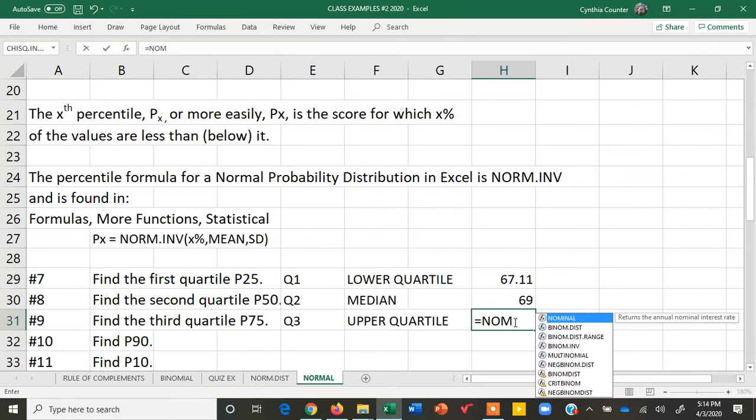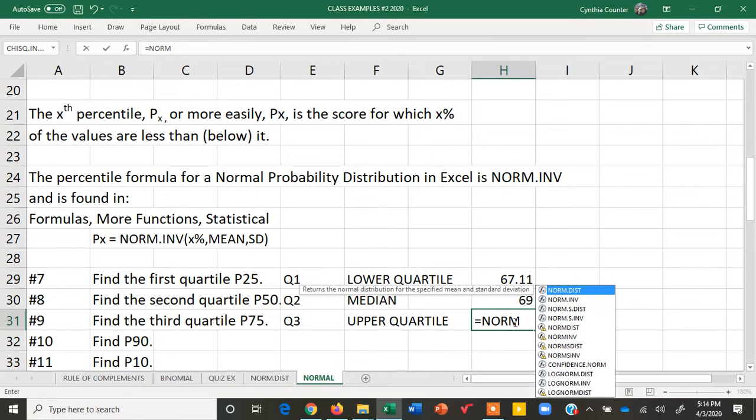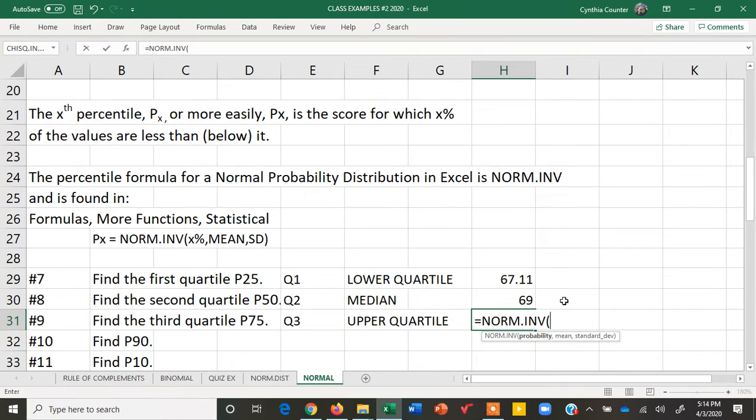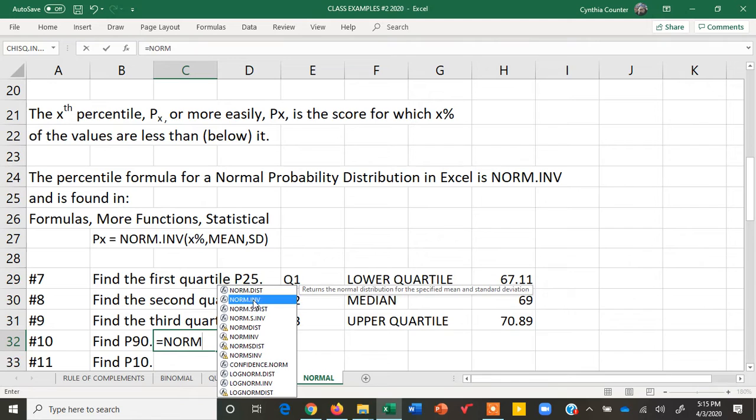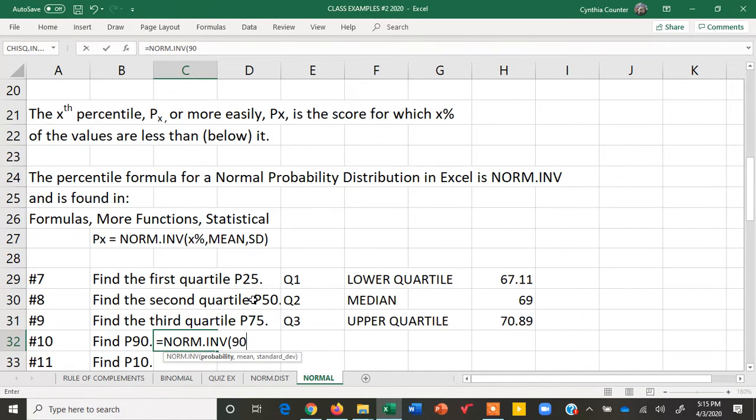Let's now find the third quartile, or the 75th percentile, using NORM.INV. And so this here has 75% of the data below it with the mean of 69 and a standard deviation of 2.8, and we get 70.89 inches. Let's look at some other examples of percentiles. So here we have the 90th percentile, so NORM.INV, and you could actually put 90% if you didn't feel like writing it as a decimal.